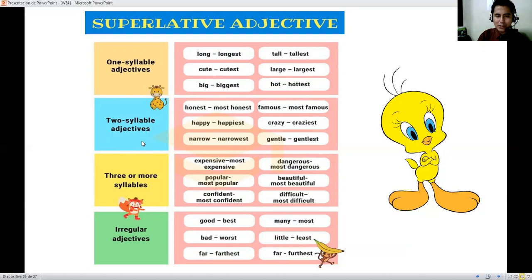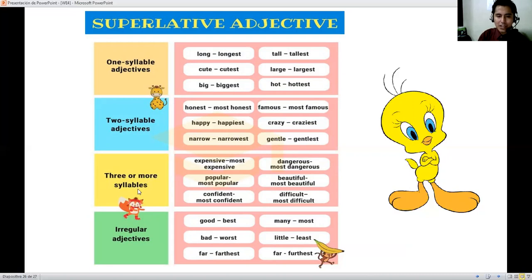Now, in the case of two syllable adjectives, what do we have? Listen and repeat. Honest, most honest. Happy, happiest. Narrow, narrowest. Famous, the most famous. Crazy, craziest. Gentle, gentlest.